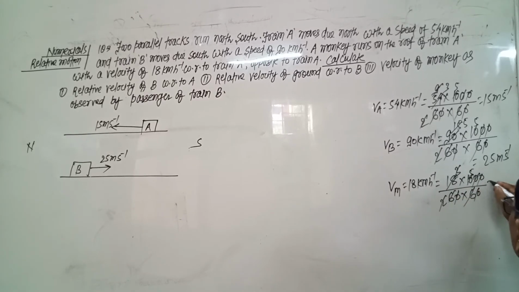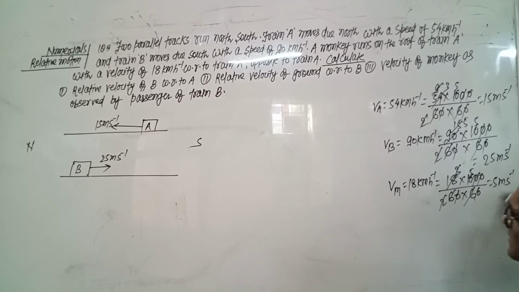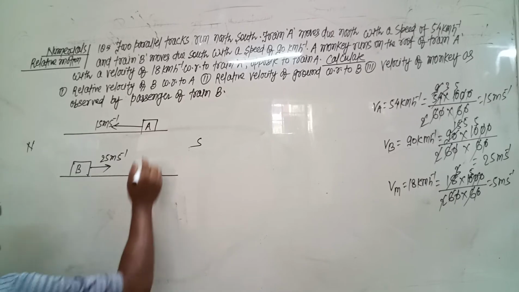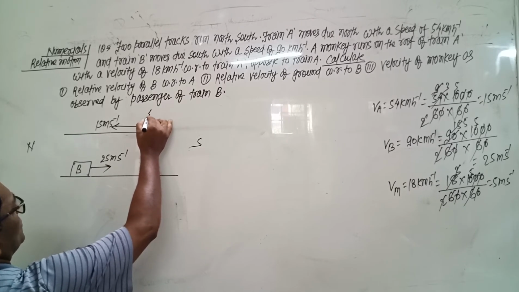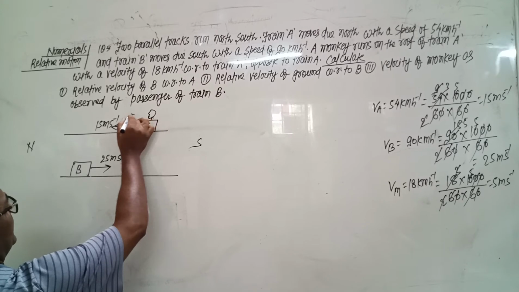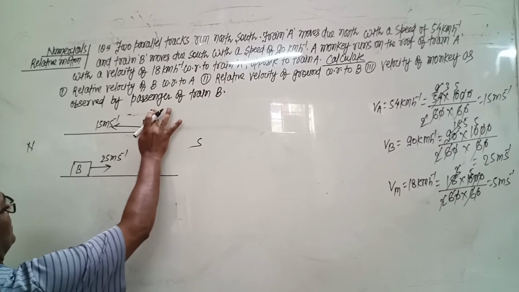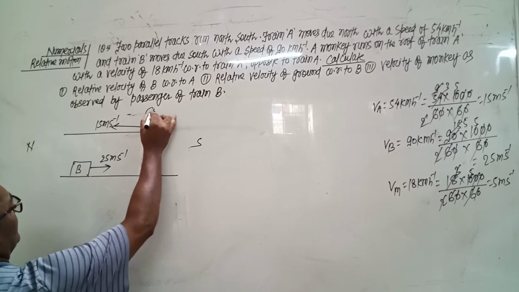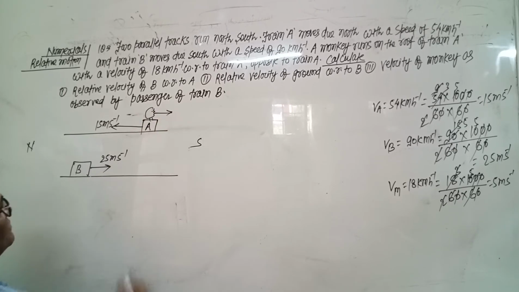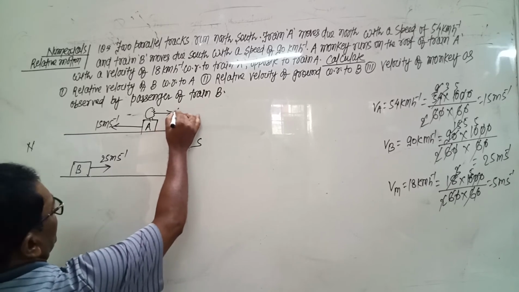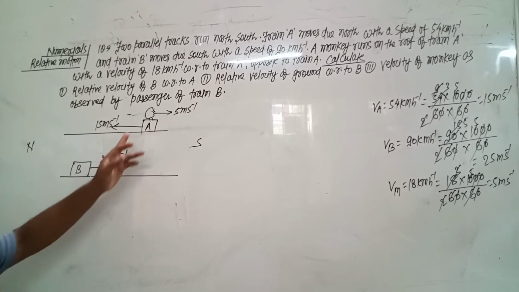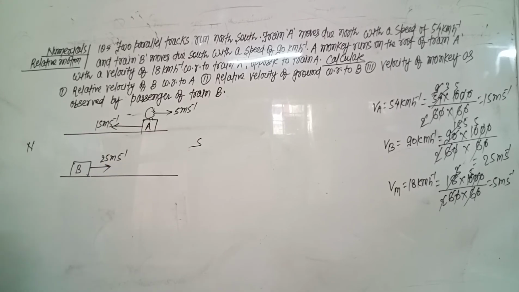It comes to be 5 meter per second. And it moves opposite to train A, with a velocity of 5 meter per second.